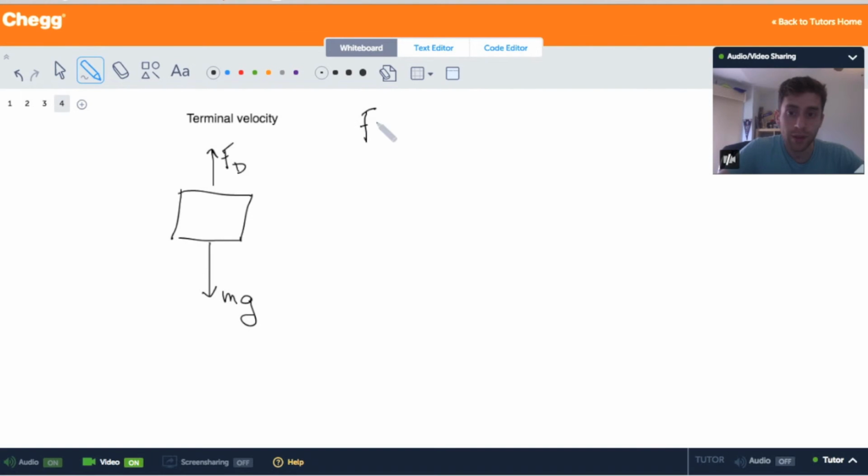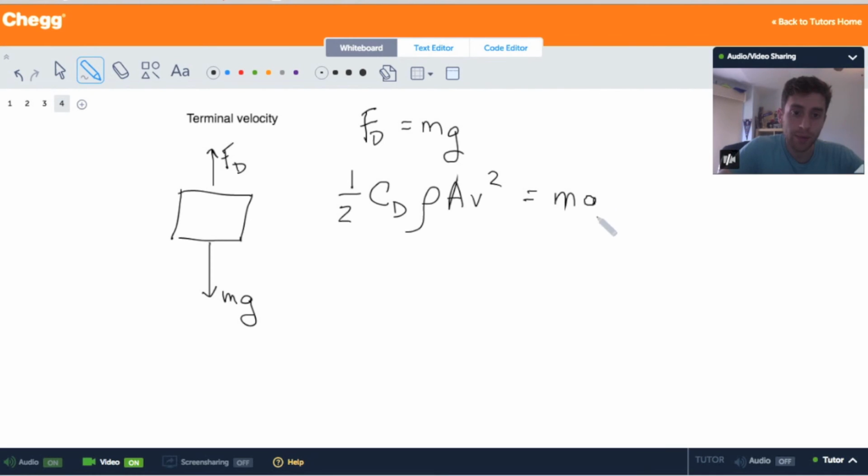So Fd equals mg, because both forces in both directions are balanced. So we can say 1/2 CD rho A v squared is equal to mg.